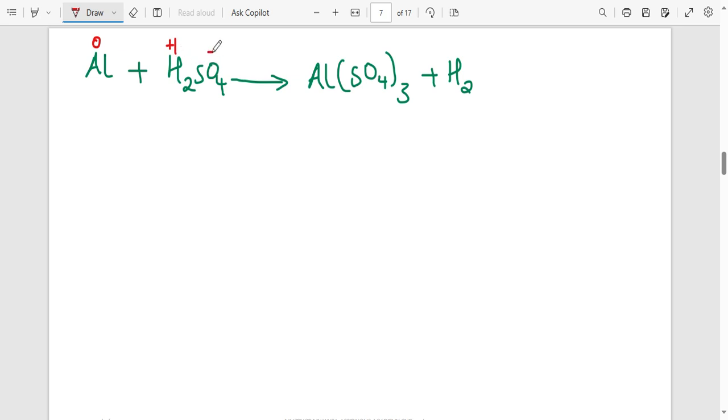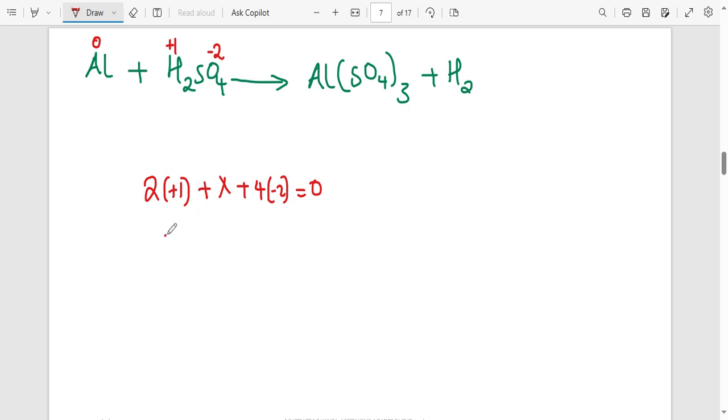Oxygen, the oxidation number is a negative 2. So what remains is we need to determine the oxidation number of sulfur. We have got 2 hydrogens, each with a positive 1, plus the oxidation number of sulfur, which is X, plus we have got 4 oxygens. Each oxygen is negative 2. This should give us 0 because that's the charge of sulfuric acid.